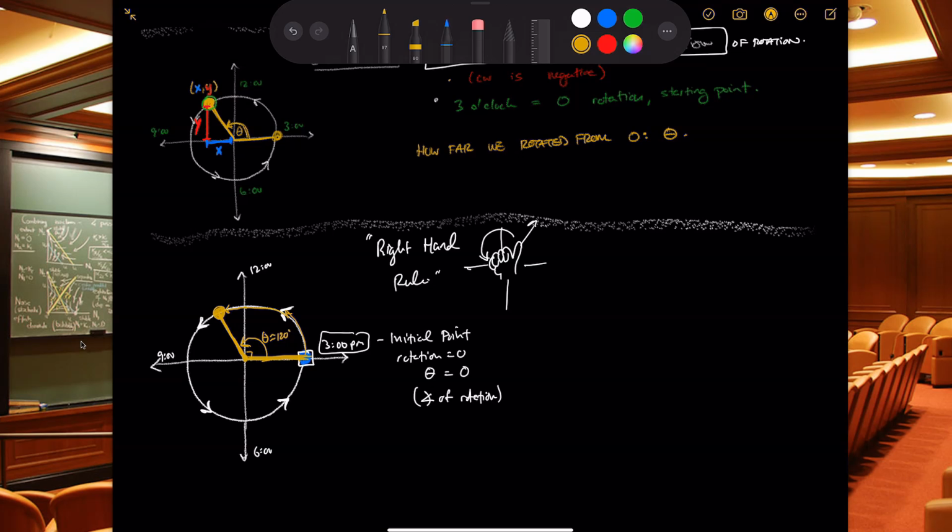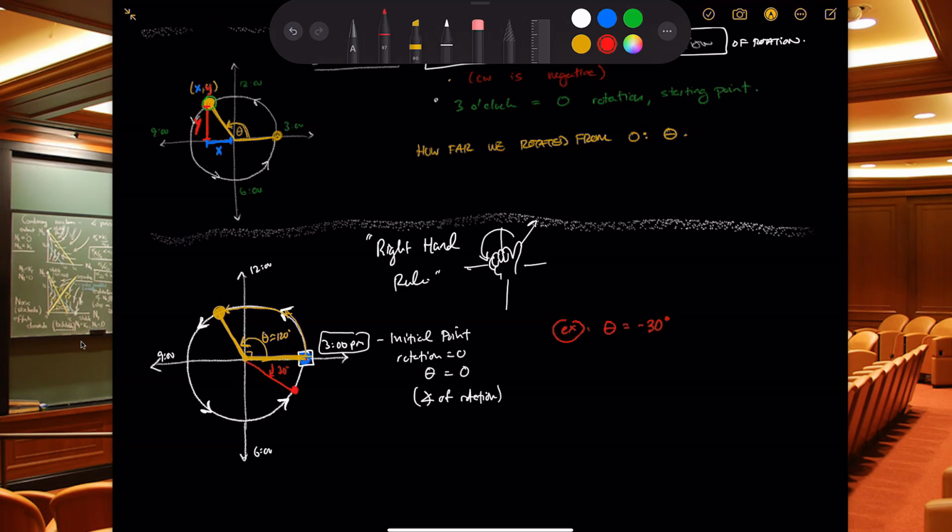But we'll get there. So if counterclockwise is the positive direction, that means clockwise is the negative direction. So if you have some negative angle of rotation, let's say for example, you rotated negative 30 degrees. What would that look like? Well, instead of rotating counterclockwise to the left, we go the other direction. So we go clockwise, we'd come out this way 30 degrees, and we'd be somewhere down here.